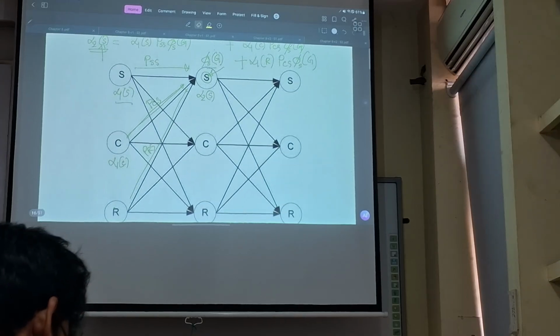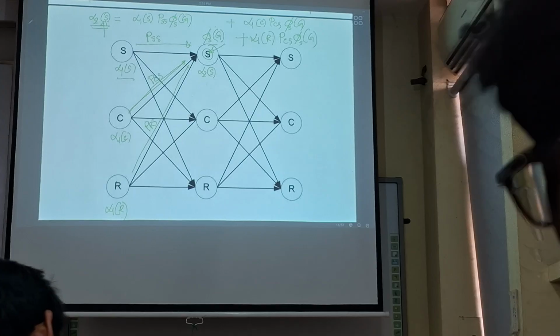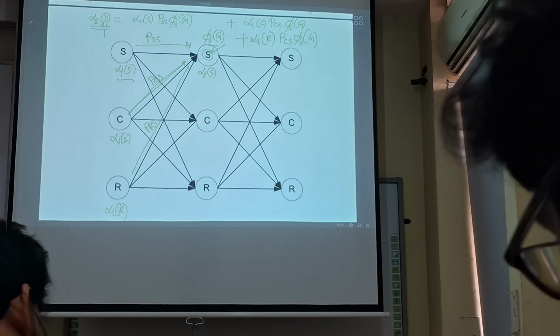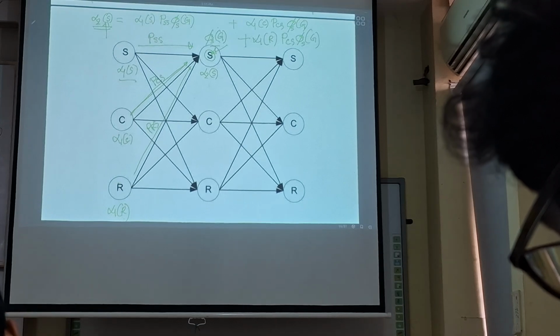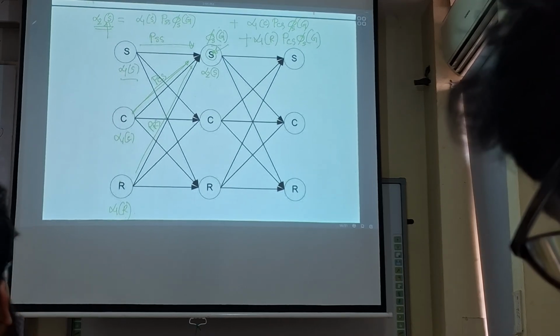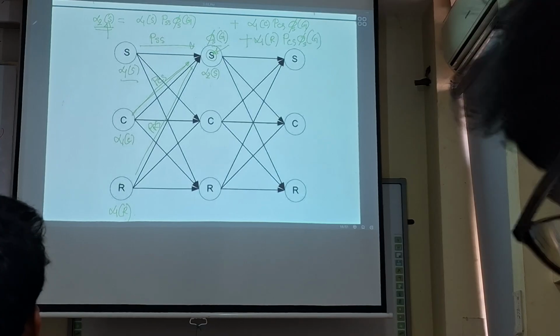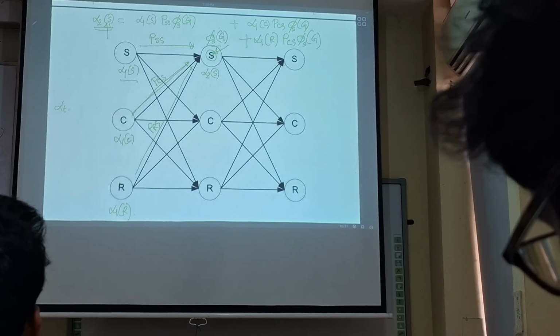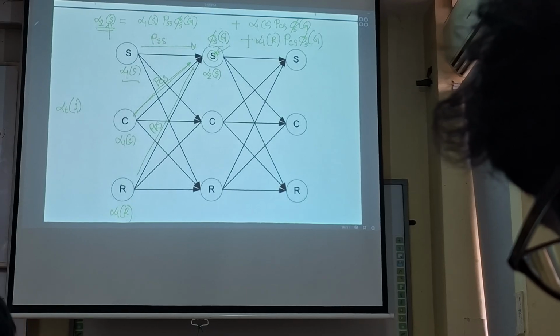Now, the next job is, what is our next job? We want to write a generalized equation. We can write it either as alpha t, and we can consider the state is j, then this will be better.